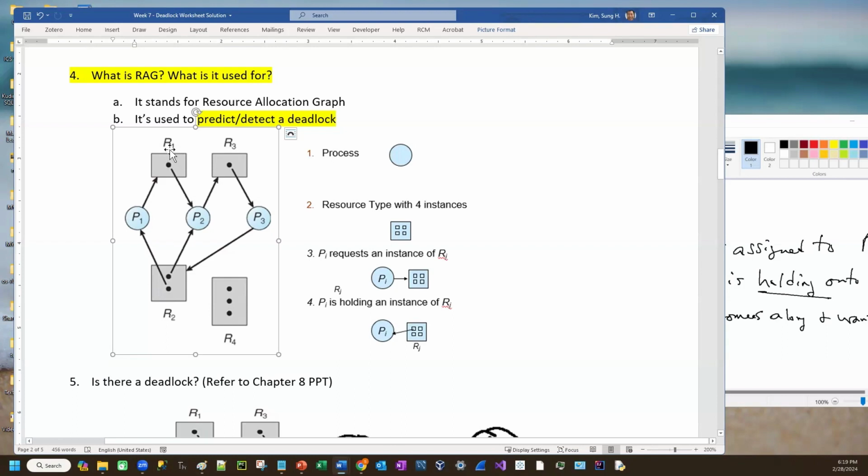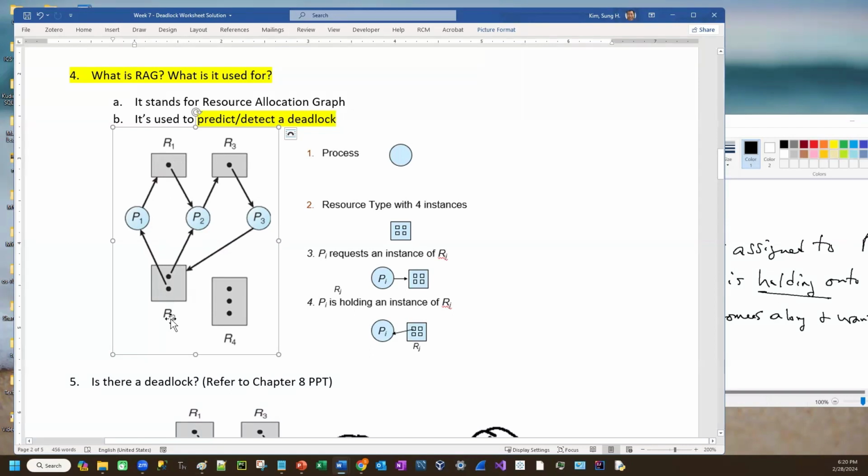They're designated with R's with a subscript, and these resources are represented with a square or a rectangle, but the small dot in there represents how many. So if R1 is a printer, then there's only one printer there.